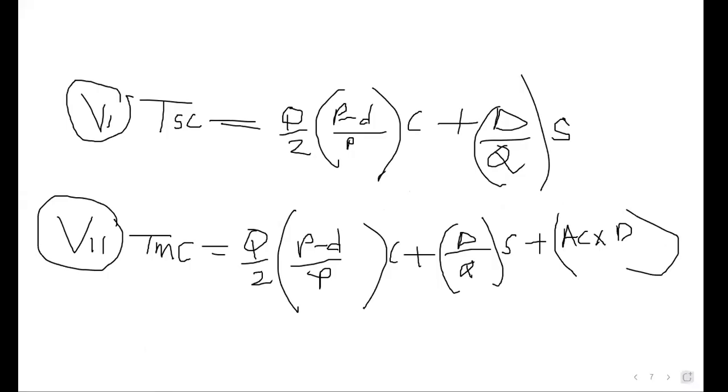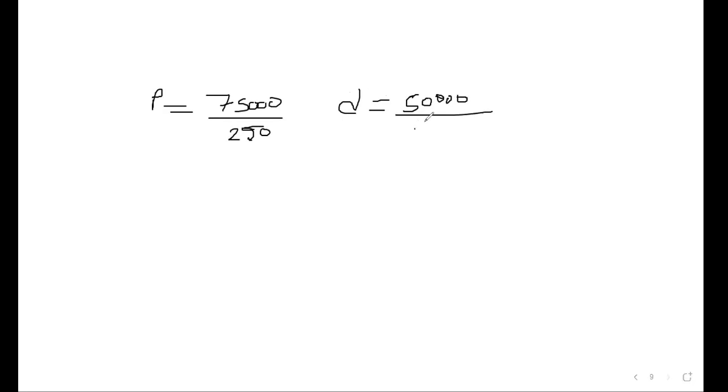Our P is equal to annual 75,000 divided by 250 days. This is how you get the daily production. Daily demand is going to be 50,000, then we divide this by 250.